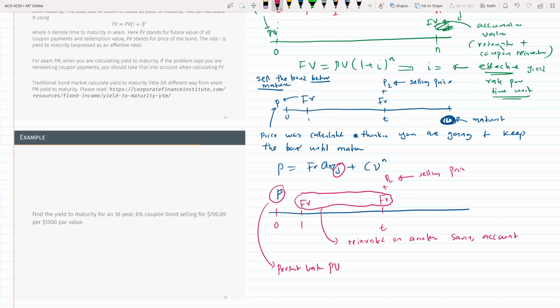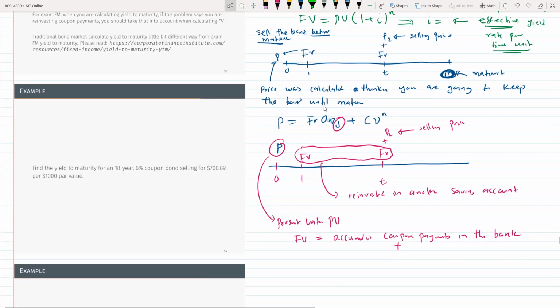Then the future value is basically the accumulated coupon payments in the bank, plus the price you are going to receive from selling the bond, P2.